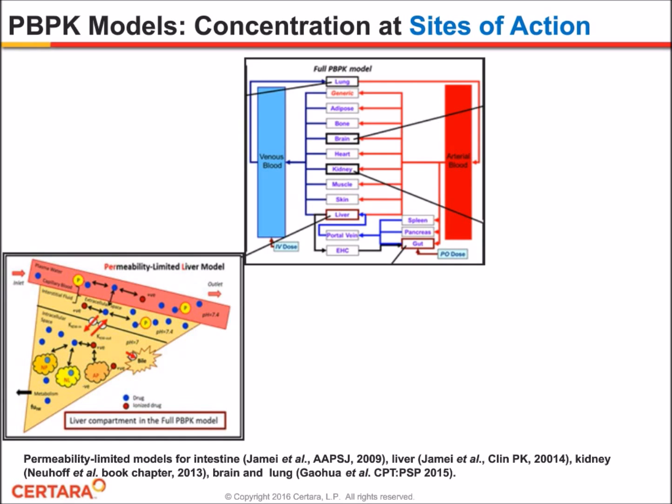And in SimCyp, basically we have the liver as a permeability limited organ, wherein we model the liver into various compartments, such as the extracellular water compartment, the intracellular water compartments, the sinusoids, and the canalicular membrane. So this basically represents the presence of transporters at these membrane boundaries, so that the passage of the drug from one compartment to another is explained correctly.